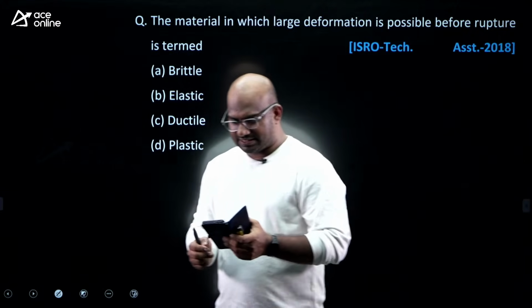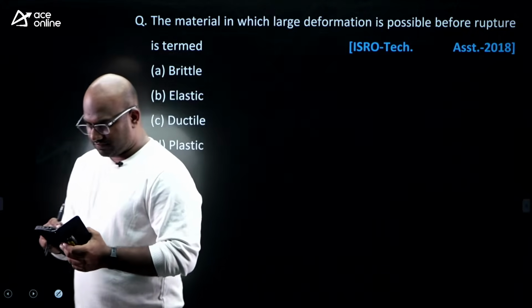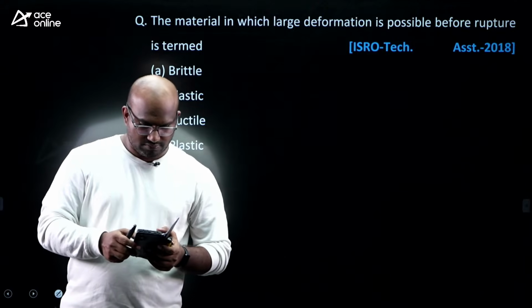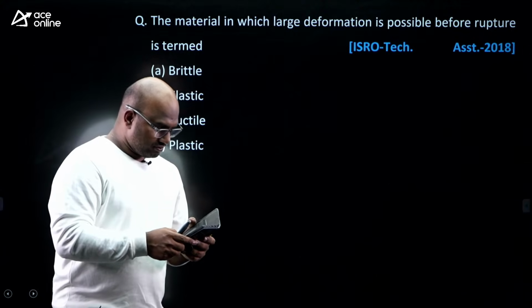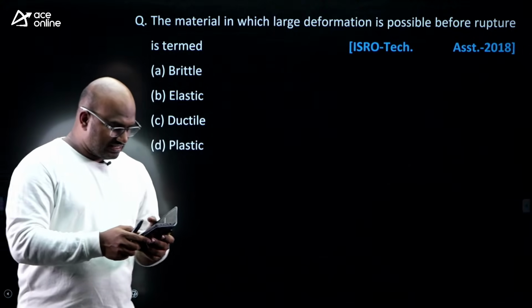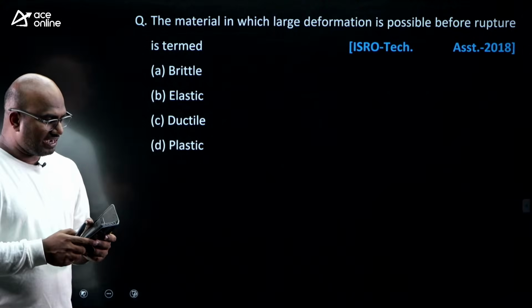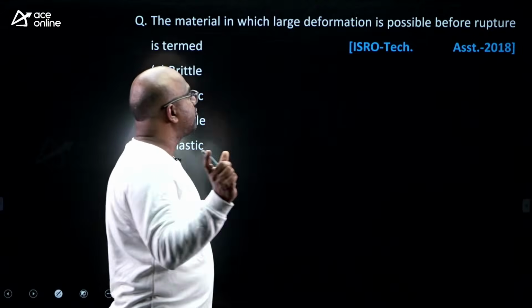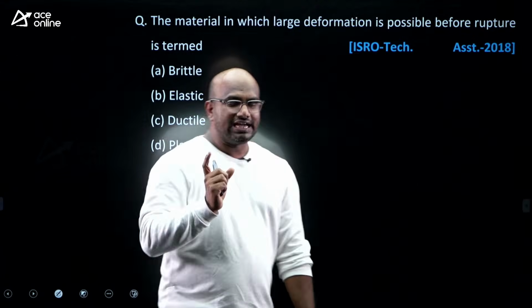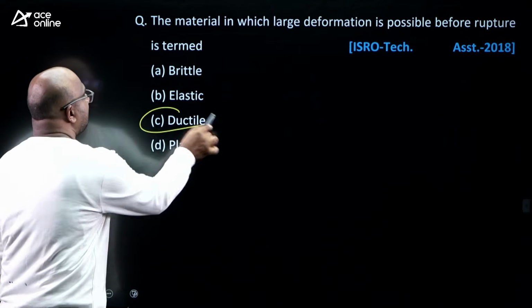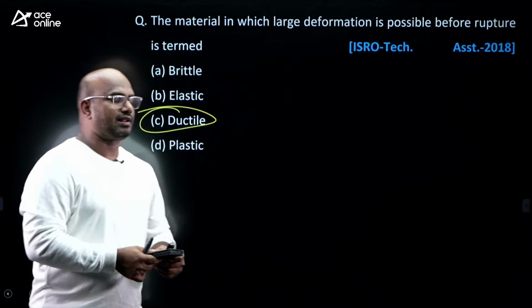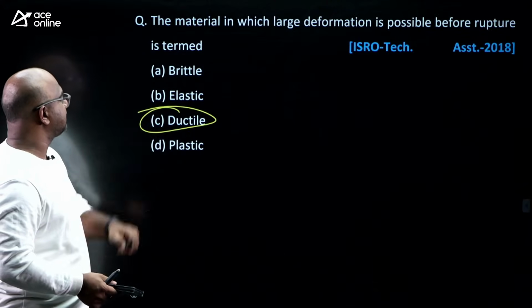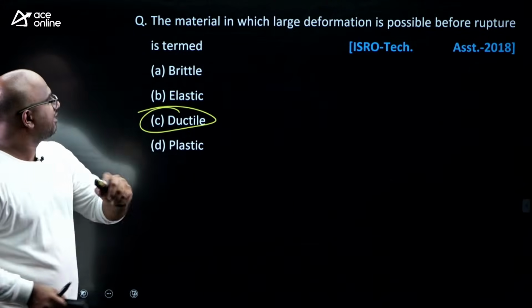Very good, guys. It is not plastic. Whenever you see large deformation before the rupture, it must be a ductile material. So the option is C, not D. We should be very careful, guys.